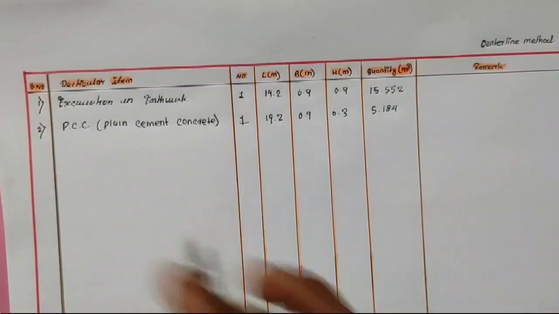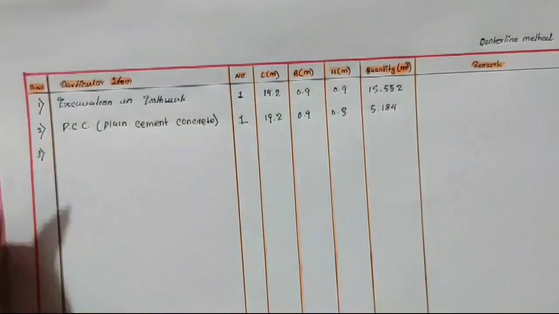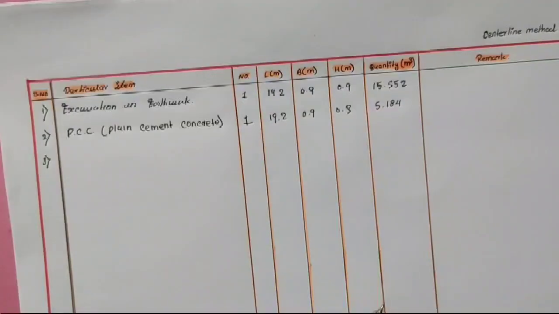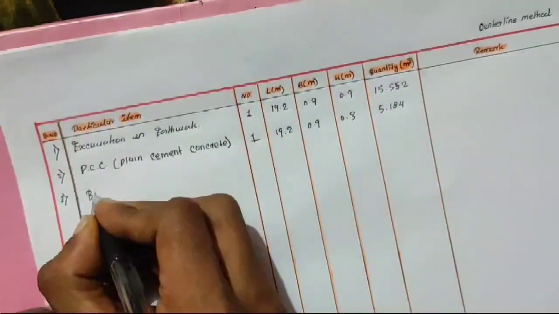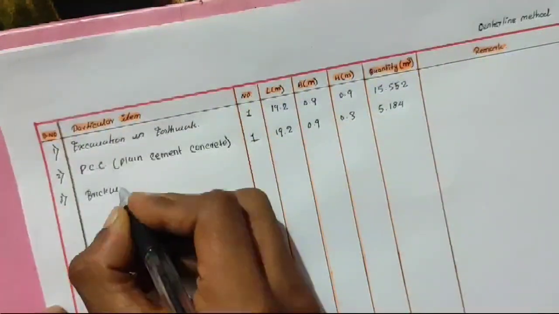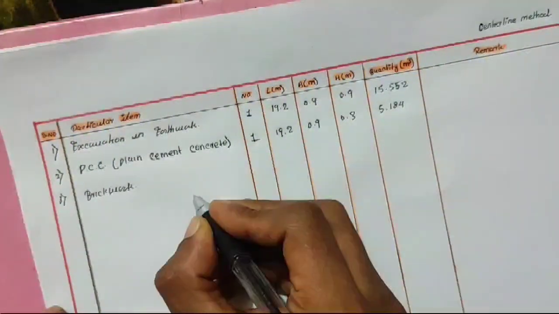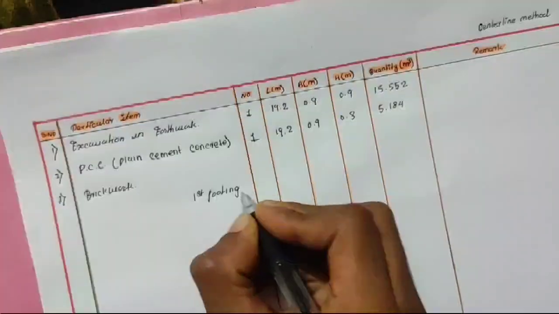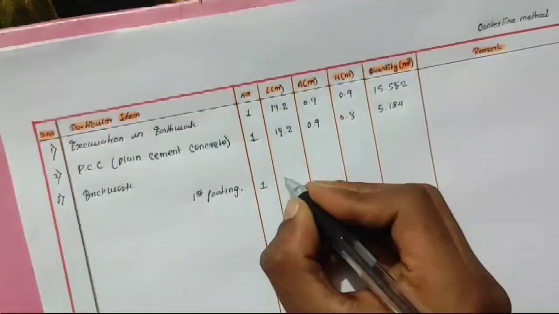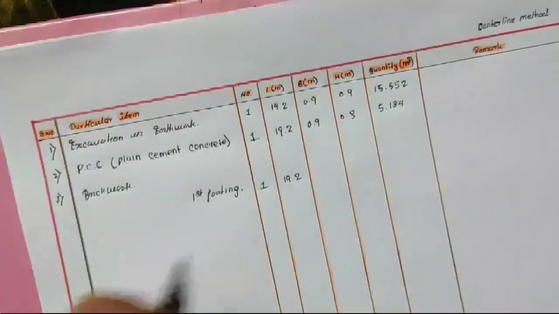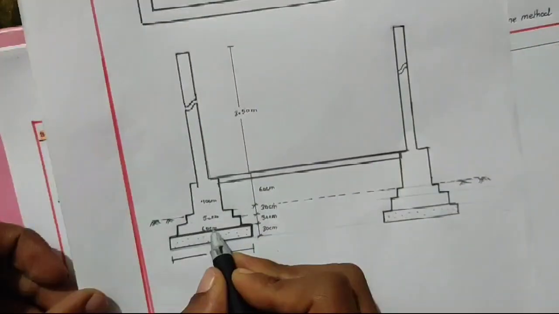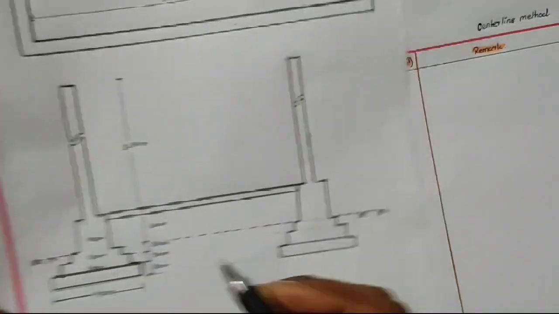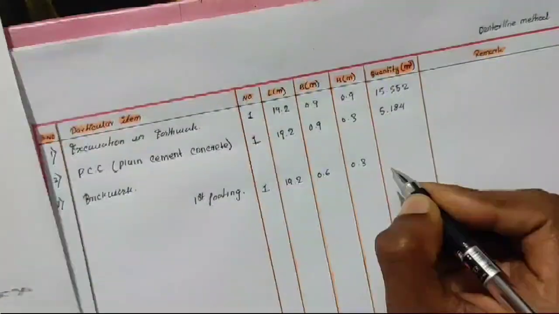And now number 3, we have to calculate brickwork in first footing. So brickwork in first footing, number is 1, length we have got 19.2, breadth is 60 centimeters, so 0.6. Height is 30 centimeters, so 0.3 meter.